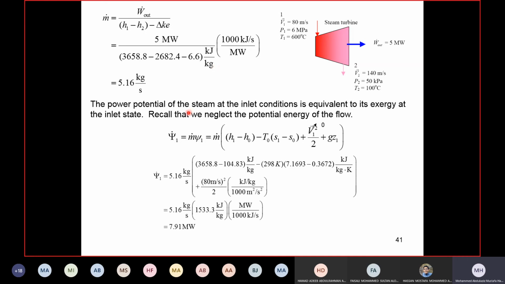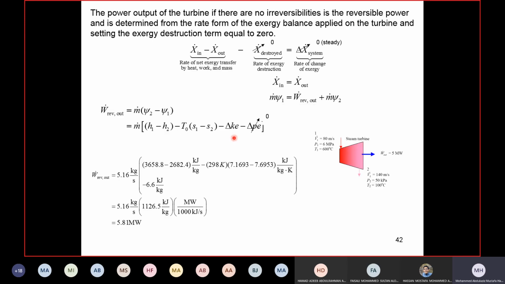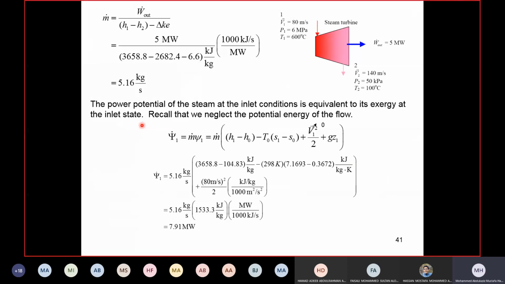Calculate applying this equation here. Calculate the reversible work, calculate the irreversibility, and calculate that. And then I will continue this next time. I have an intention here to leave it for you, such that I want you to come next time well prepared. Hopefully you have already solved that, so we can have a better discussion.